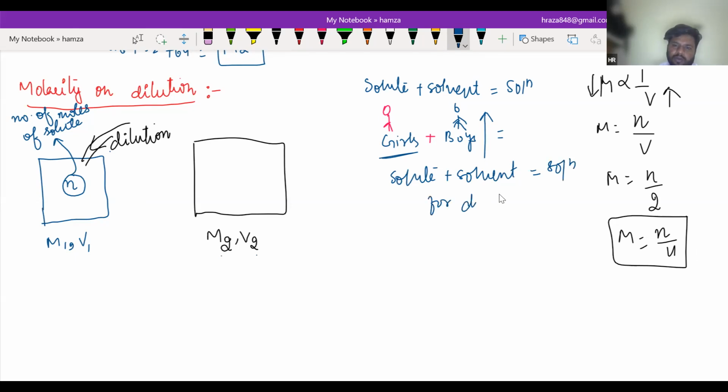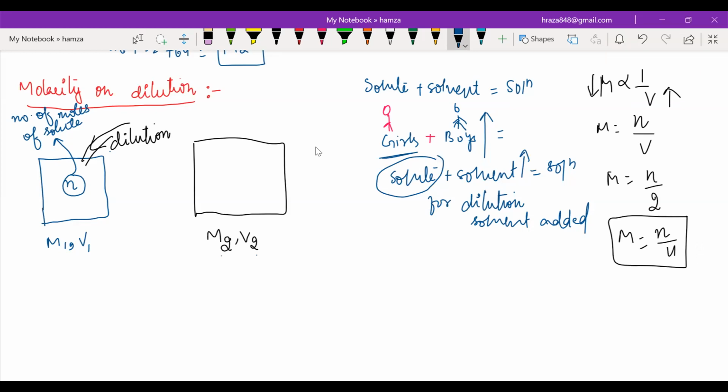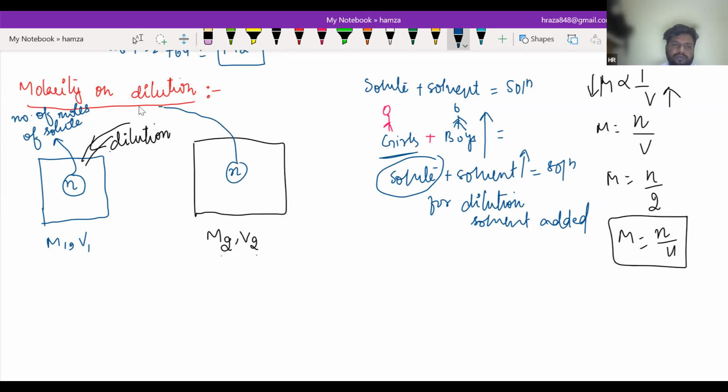For dilution, you know that solvent is added. I'm going to write: for dilution, solvent added. And if solvent is added, you are not going to add or subtract solute. So solute will be constant. It won't change. So there will also be n, the number of moles of solute.